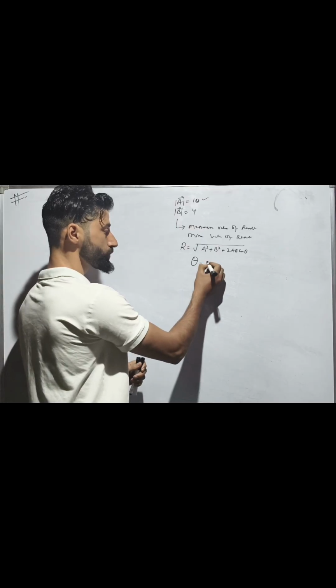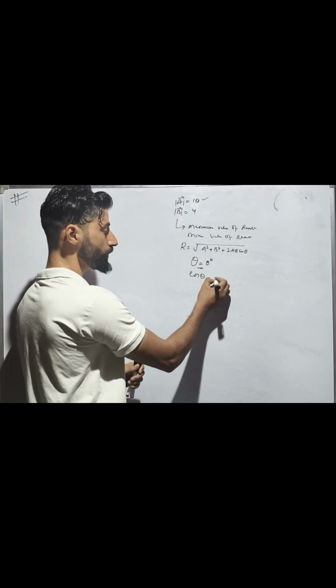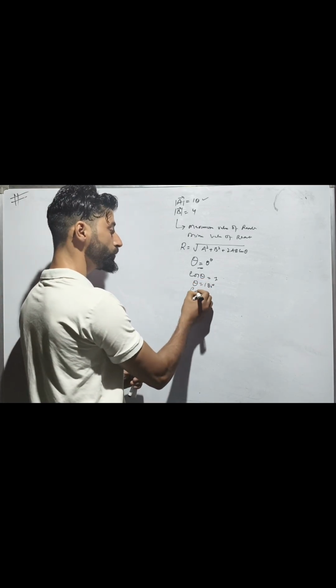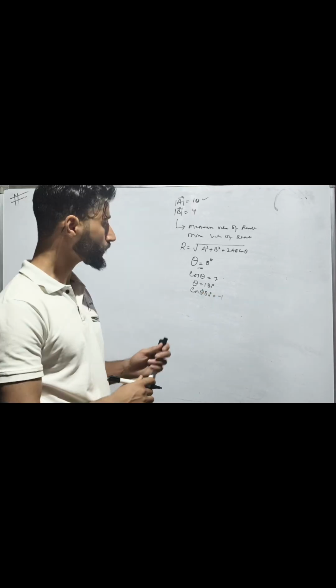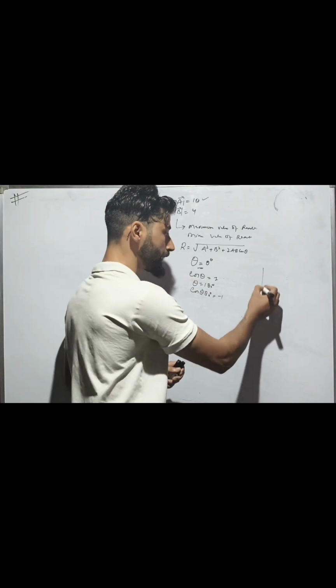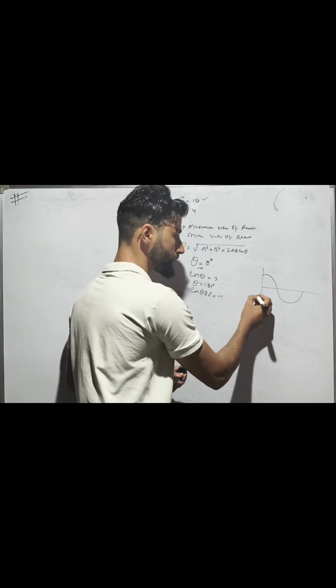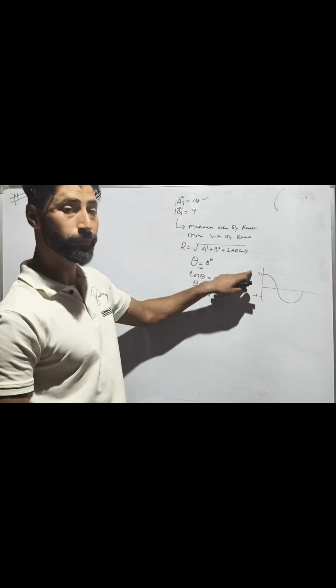When theta is equal to 0 degrees, cos theta will be maximum, that is cos theta is equal to 1. And when theta is equal to 180 degrees, it has minimum value, that is cos 180 degrees equal to minus 1. Because we know that the range of the cos function is from minus 1 to plus 1.